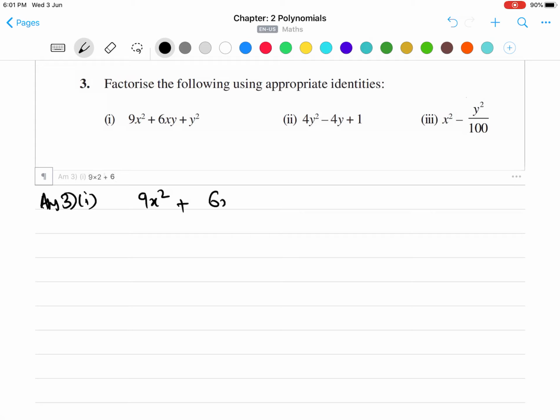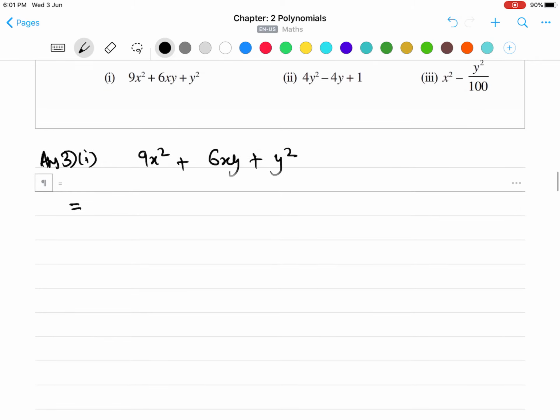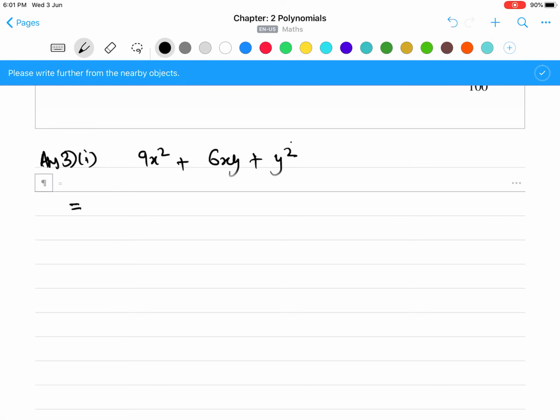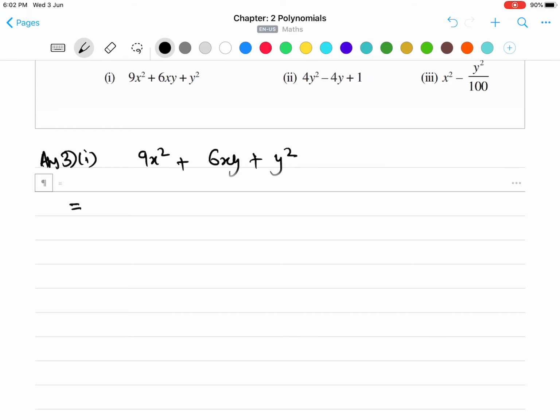9x square plus 6xy plus y square. Now understand this carefully. Okay, pay attention here. Now we will convert this. As you can see, all the terms are with positive sign. This looks like the form of x square, this looks like the form of y square, and this is in the form of 2xy. So first we will convert them into identity number 1.